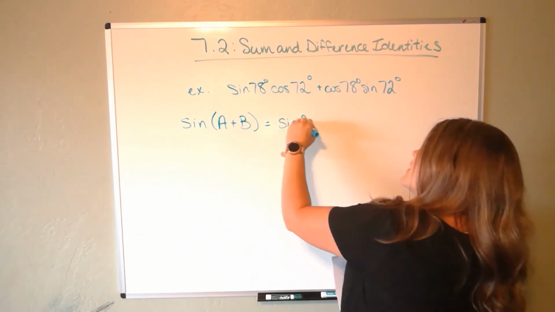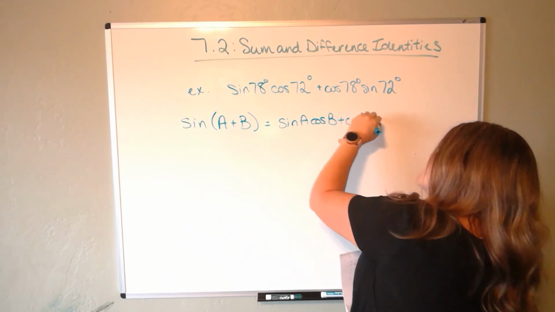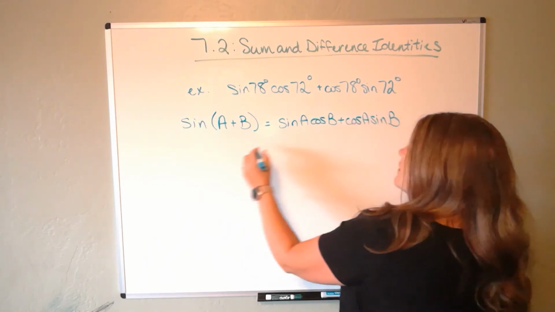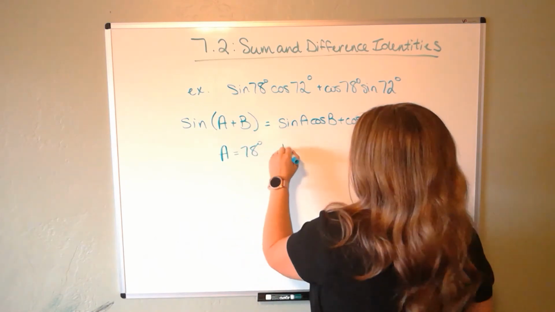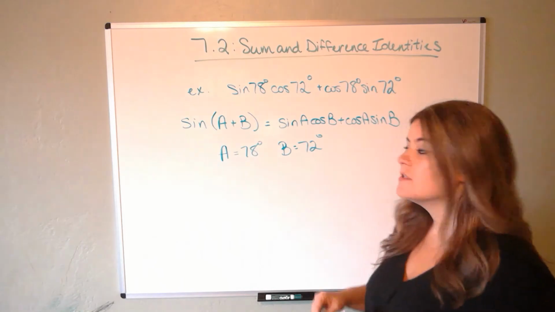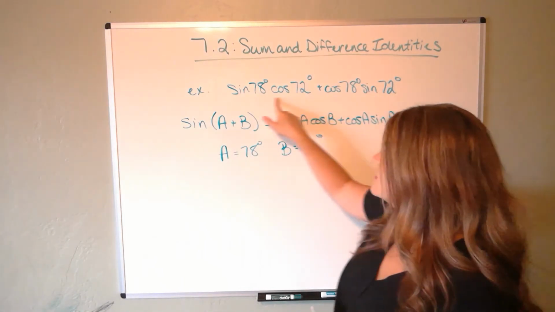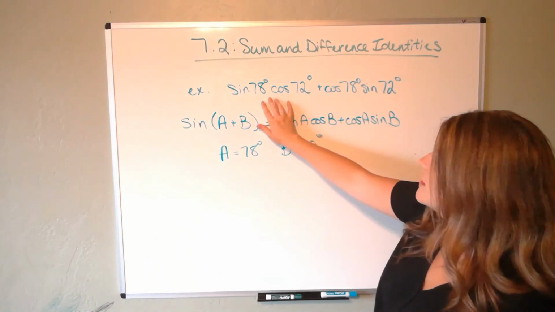Sine A cosine B plus cosine A sine B, where A is your 78 degrees and your B is your 72. So you guys, this is just an expanded side of the identity of sine A plus B.